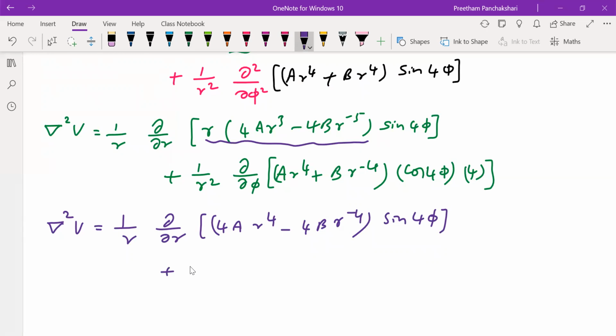In the second term also, let us see what happens. 4 is there. We can multiply constants a and b by this 4, so that we get 4a r power 4 plus 4b r power minus 4 into cos 4 phi.